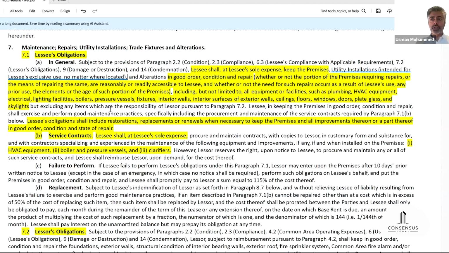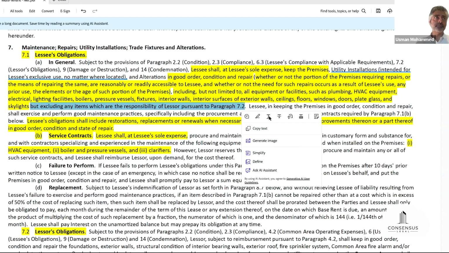Now, the other general rule that we talked about earlier is the situation where lessor is responsible for the common areas. And what deviations exist where lessor is responsible for areas within the premises?